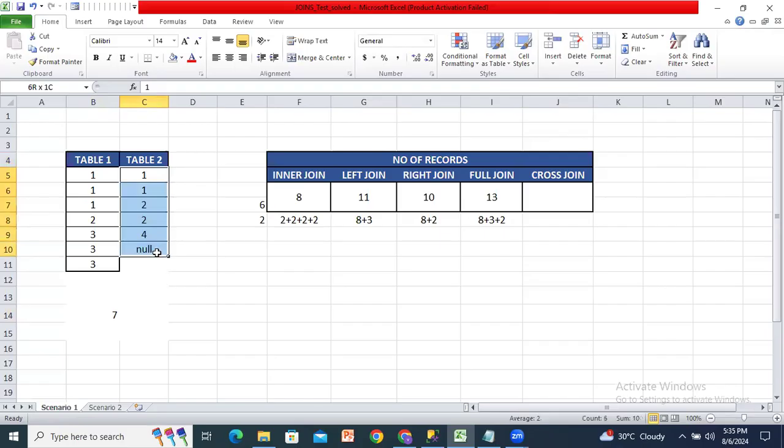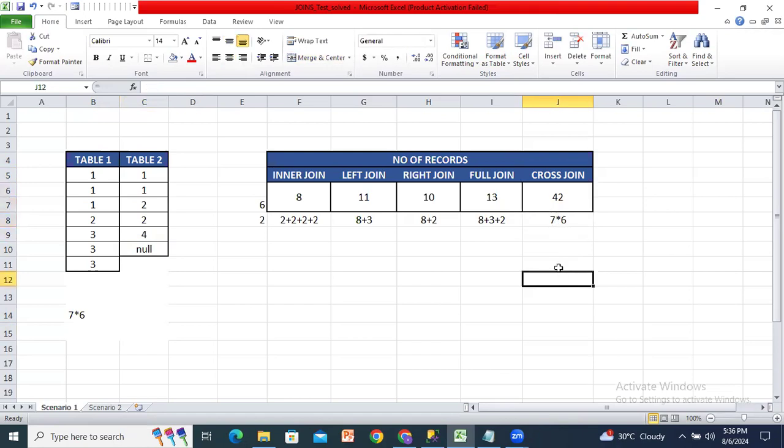So 7 multiplied by 6 is 42 records. Simply 42. This is called a Cartesian product, so cross join: 7 multiplied by 6, 42 records.